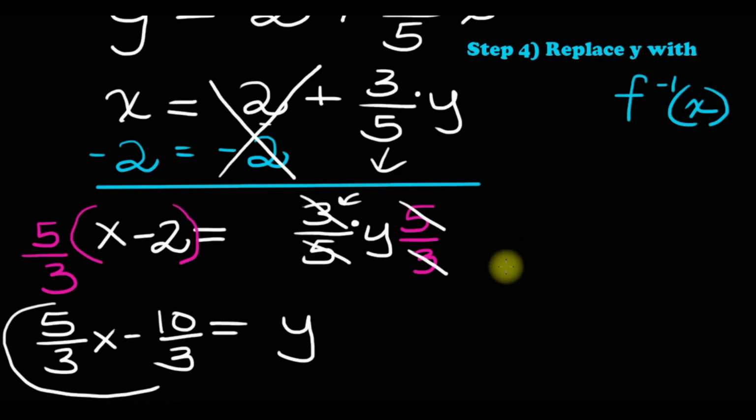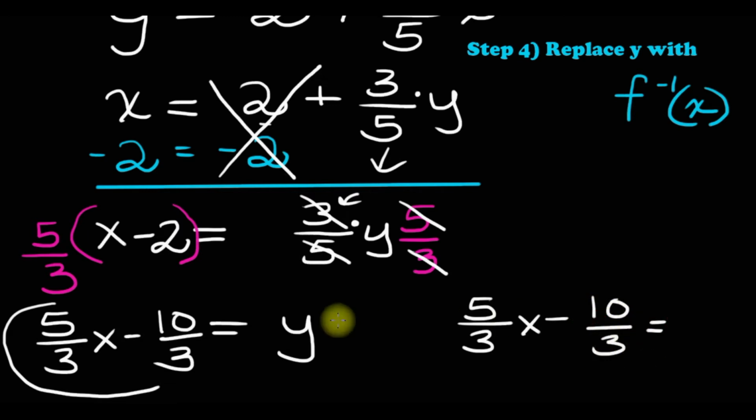So over here, I'm going to have 5 over 3x take away 10 over 3, and we're going to replace the y with f to the negative 1 of x.